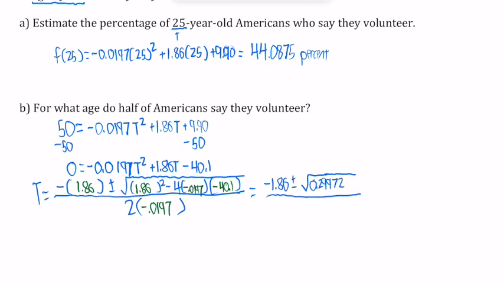All that divided by, and on the denominator, 2 times negative 0.0197, we have negative 0.0394.